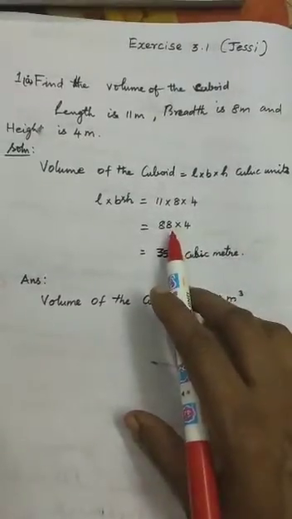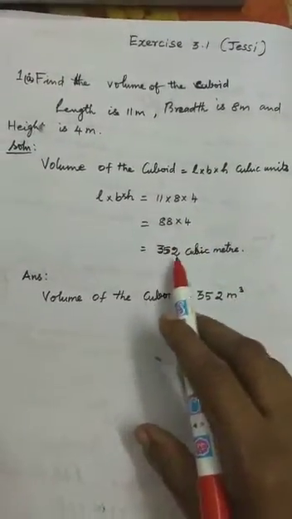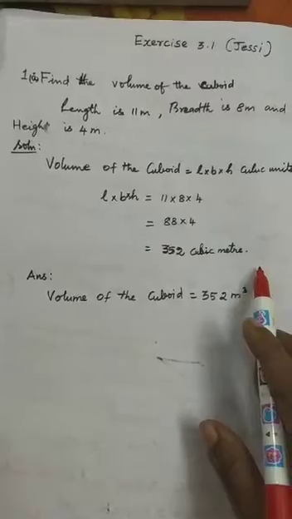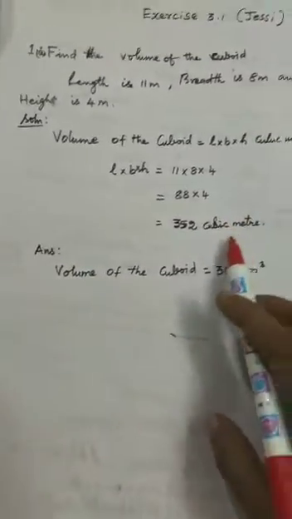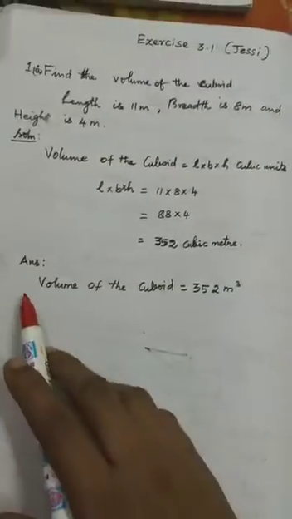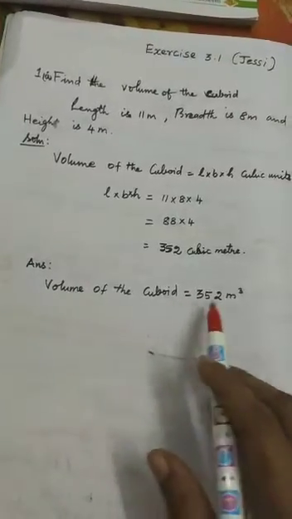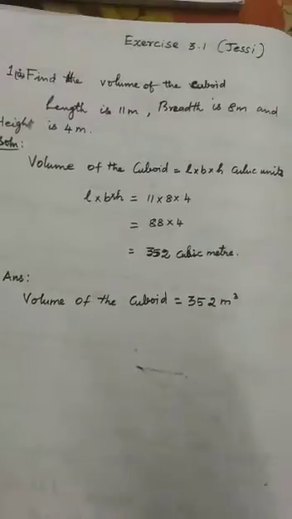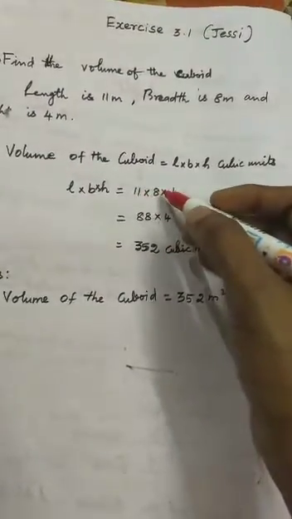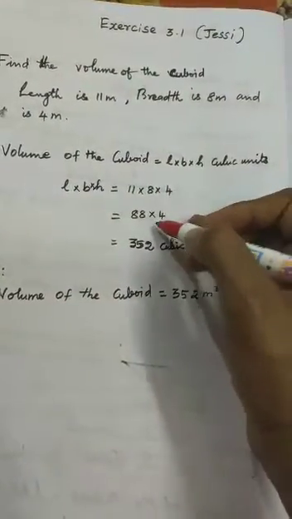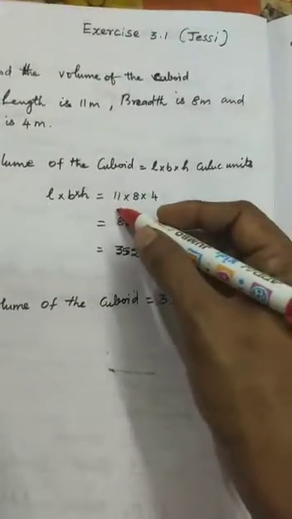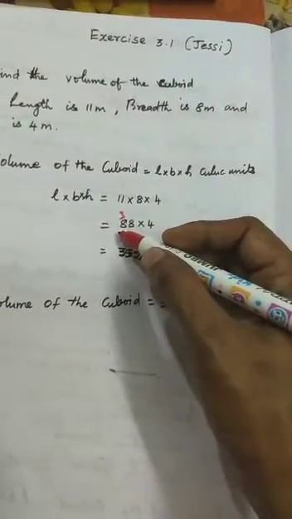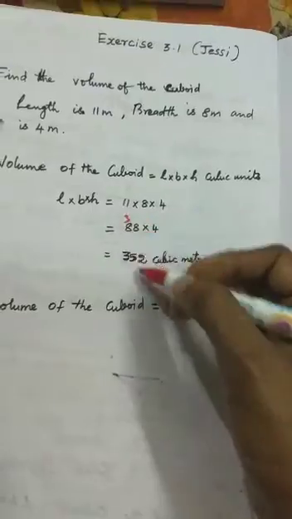Then 88 into 4, that is 352 cubic meter. They are given in meter, no? So cubic meter. So the answer is volume of the cuboid is equal to 352 meter cube. You have to multiply 11 into 8 is 88, and 88 into 4: 8 fours are 32, remainder 3, then again 8 fours are 32, 33, 34, 35.